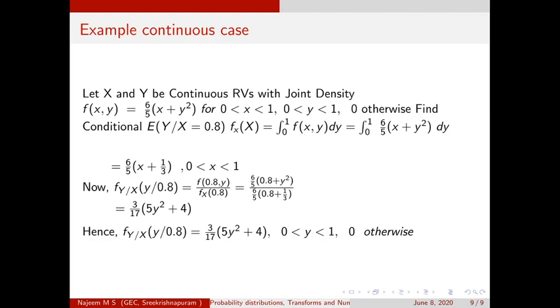Now how to calculate expectation from this? The usual way, integral over x of x into the density. Likewise here y is the variable, so the integral over y of y into 3 by 17 into 5 y square plus 4 dy.